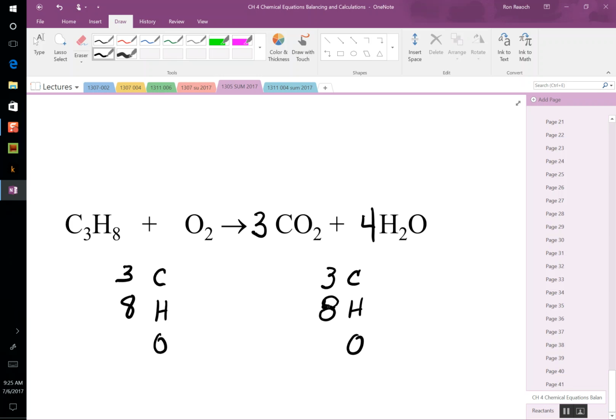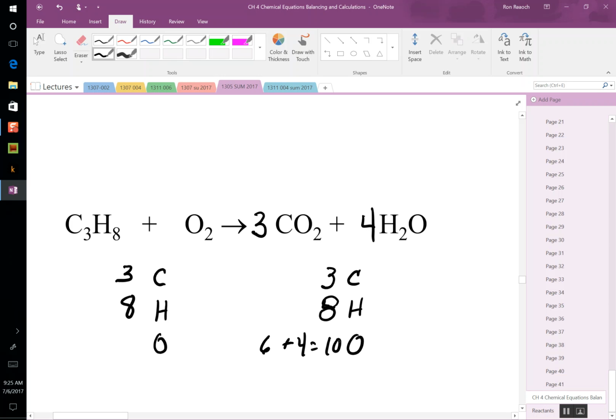Okay, now I'm going to come on over here now. I've got my carbon and hydrogen balanced and ask the question, how much oxygen is represented in my products? Because that's how much oxygen has to be on the reactant side. 3 times 2 is 6, plus 4 times 1, there's a 1 right here, is 4.